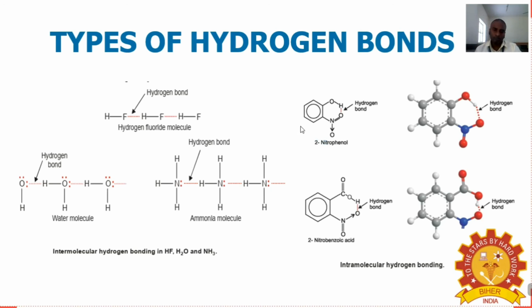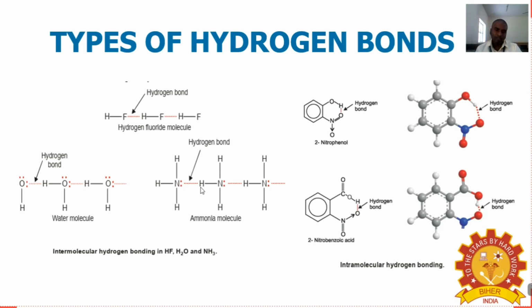Let's go to 2-nitrophenol. In this molecule, the hydrogen and oxygen are placed in the same molecule, but in the case of water and ammonia, hydrogen and other electron donating groups are in various different molecules.